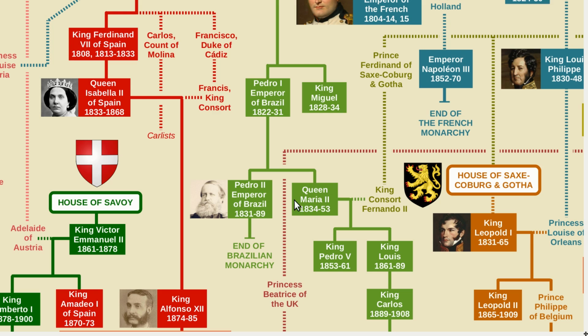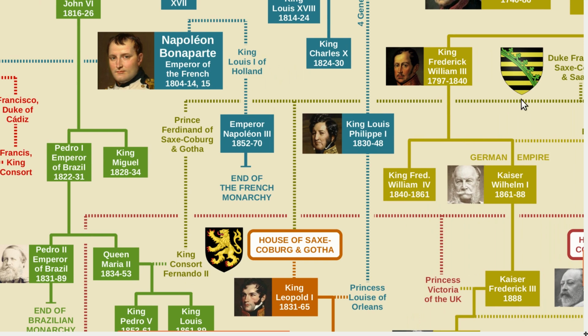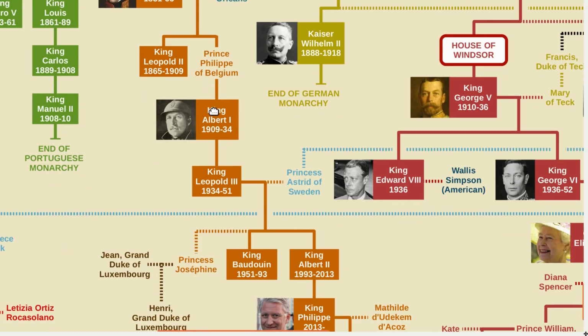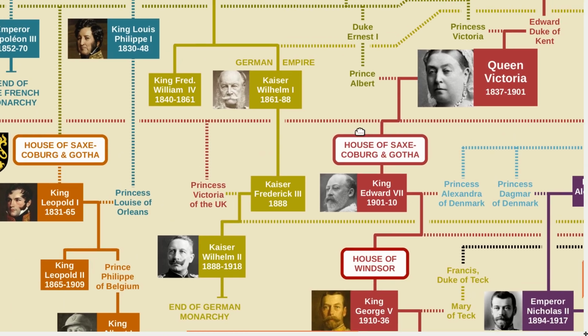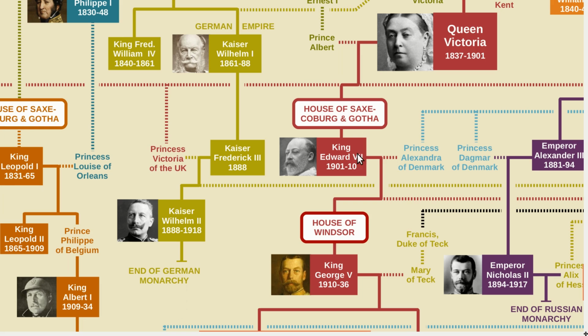Maria II ended up marrying a member of the House of Saxe, Coburg, and Gotha. You can see that here. And the House of Saxe, Coburg, and Gotha, interestingly enough, is the current ruling house in Belgium and also in the United Kingdom through the husband of Queen Victoria, Prince Albert, although they eventually changed the name of the house to the House of Windsor.